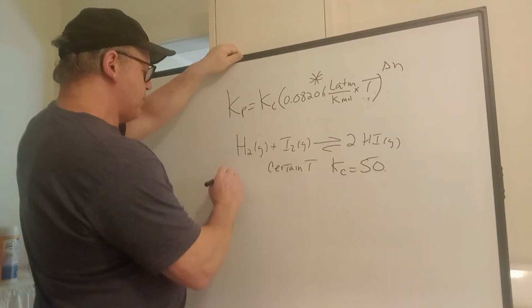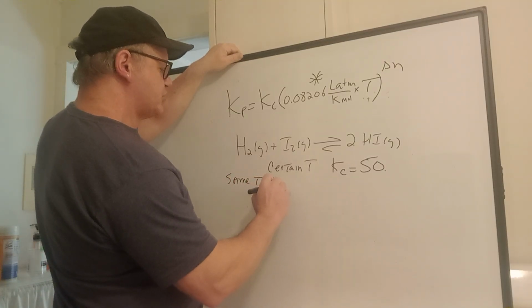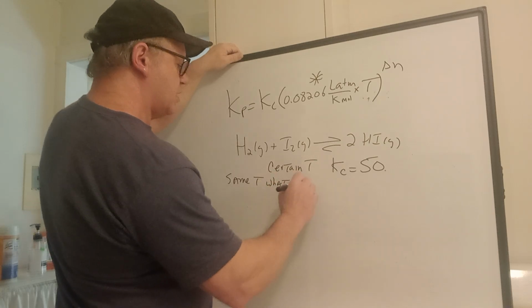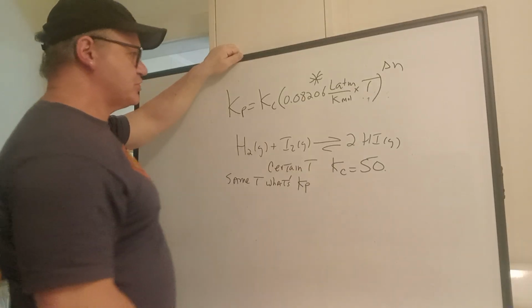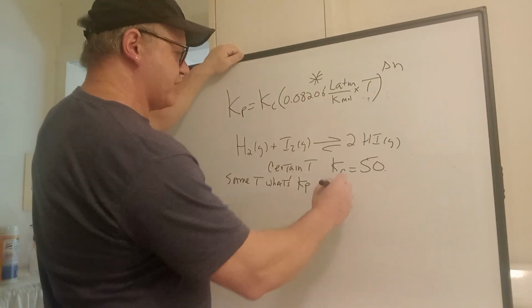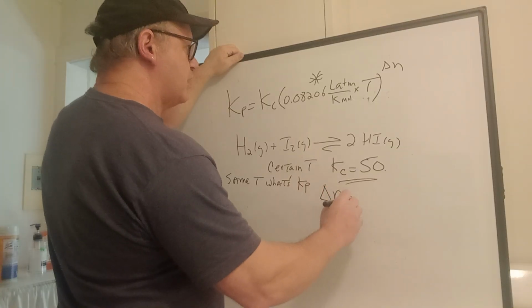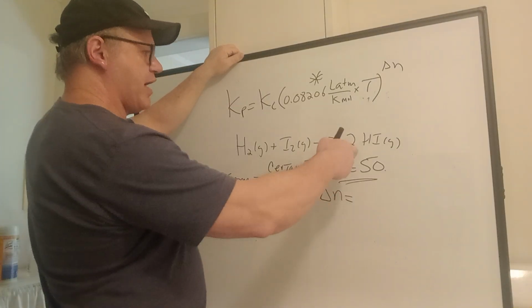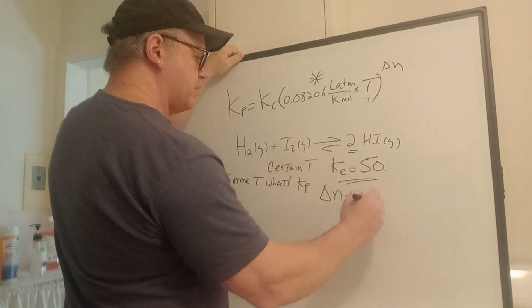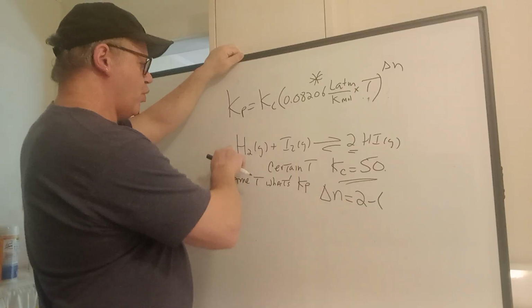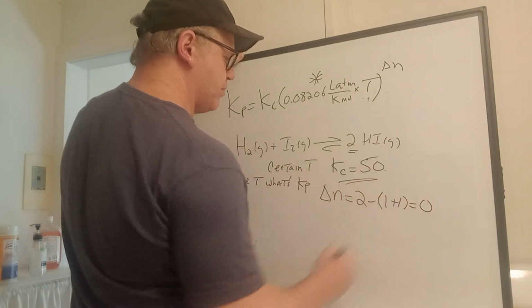So at the same temperature, what's Kp? Well, in that case, the first thing I do when I do this calculation, I have Kc written down here, is delta n. So for this reaction, the stoichiometric coefficient here is 2 minus, and then here we have a 1 and a 1. So that's 0.